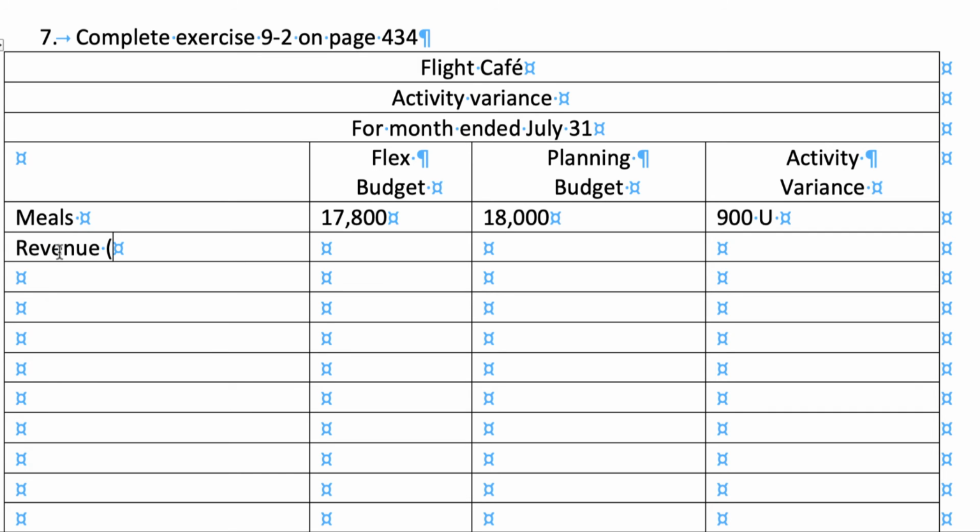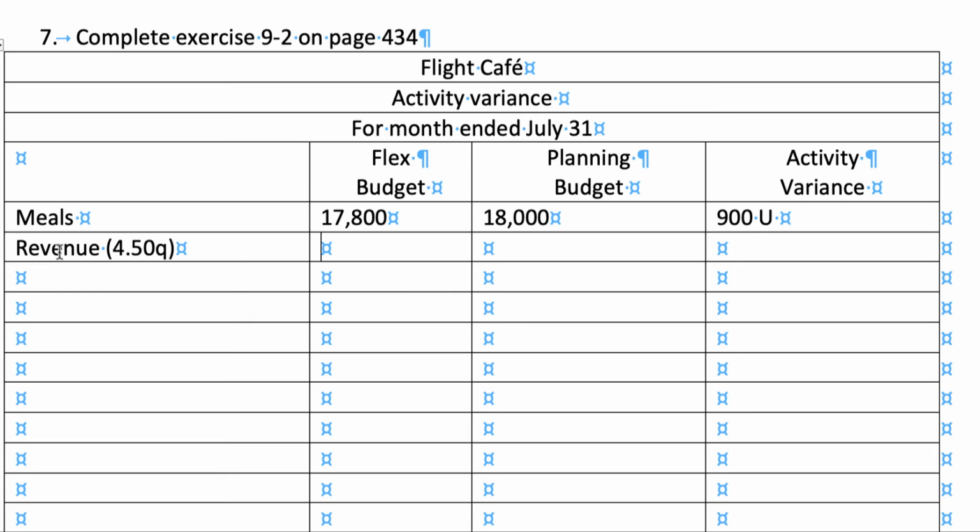So the next thing we're going to do is figure out what's our revenue. Okay? And they give us the cost formula for that. It's $4.50 times the Q. Now, do I really need to take 17,800 times $4.50 and 18,000 times $4.50? No. Here's why. They already gave us the information.